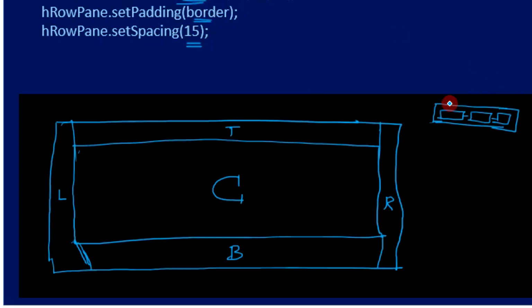And Insets means the margin is 10. So that's how it works. HBox has a margin of 10 on all 4 sides, and the spacing between controls is 15. So we set padding as well as spacing for the HBox.